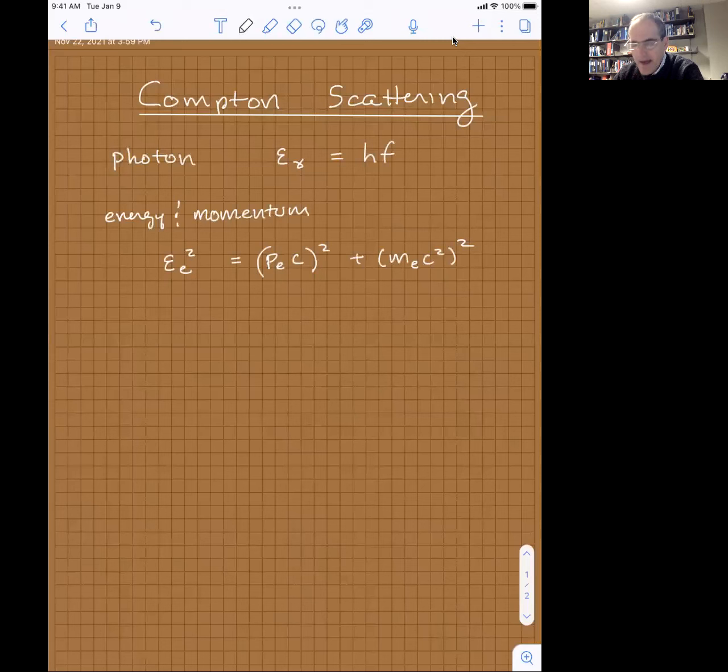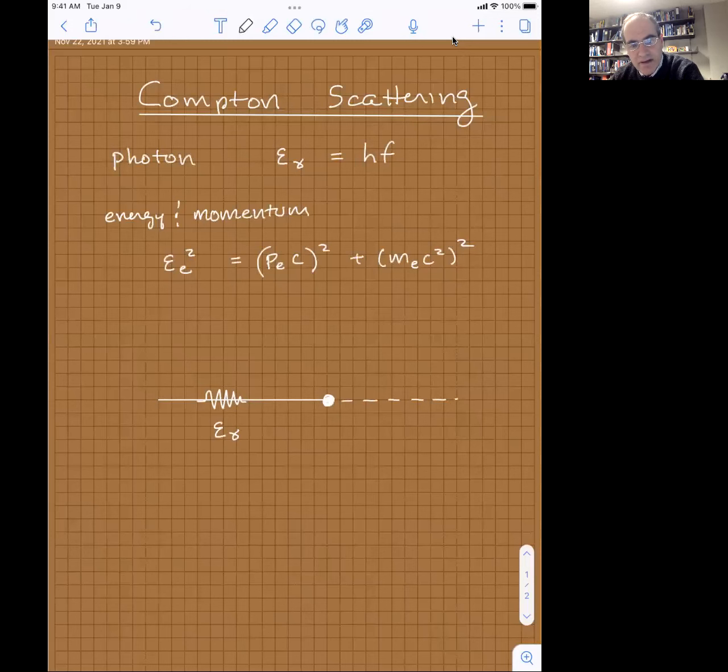In Compton scattering, we have a photon, like a gamma ray, that scatters off of an electron. The electron is taken to be at rest. So here's how the experiment is set up. We imagine our electron here, and then we have a photon with energy E sub gamma, which is incident.